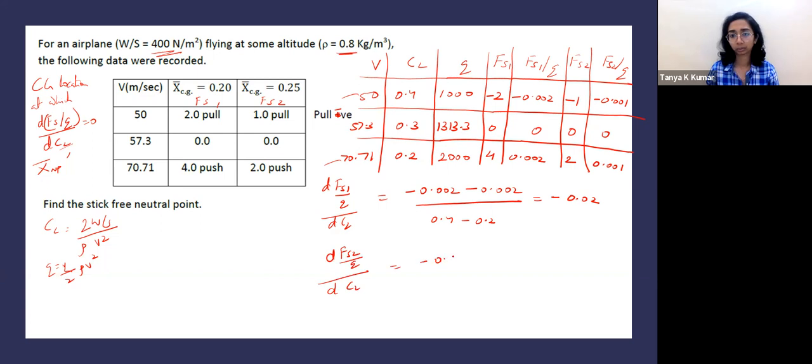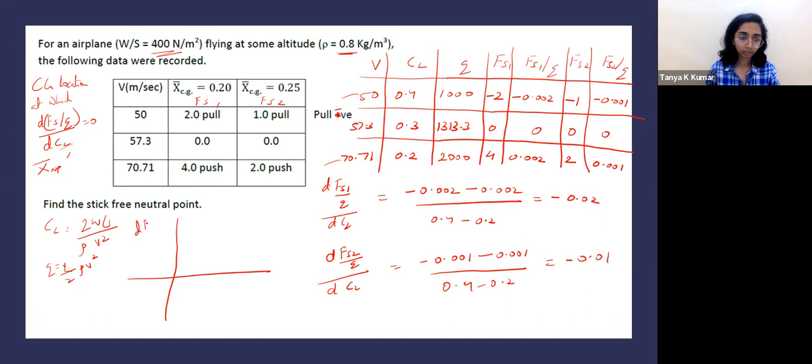This minus 0.001 minus 1 by 1. That is 0.01.